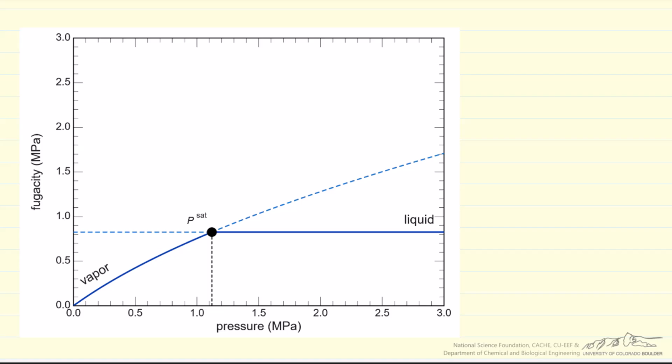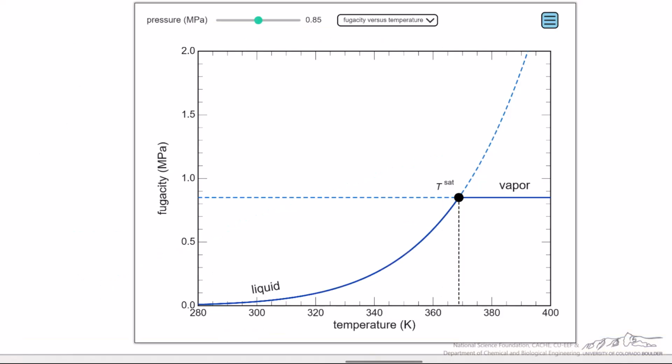For liquid phase, nothing has changed from our other plot, but now the fugacity, you notice, is lower than the system pressure in the vapor phase because we have a non-ideal gas. There's interaction between molecules. And we have to use some equation of state to determine fugacity then for the vapor phase.